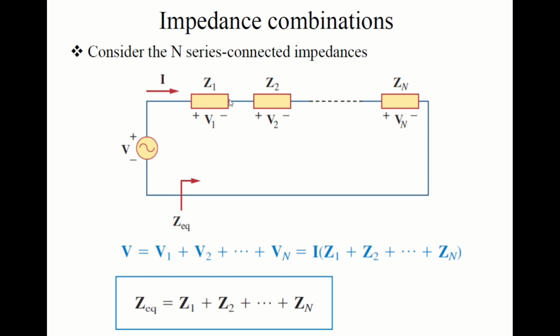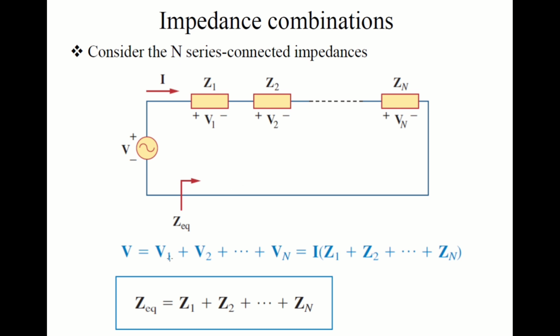If you look at the circuit, this is basically a series of impedances Z1, Z2 until Zn with a voltage source. The thing that I want to highlight is the total impedance of the circuit in series, which is basically the addition of all the elements in the circuit: Z1 plus Z2 plus ... plus Zn.